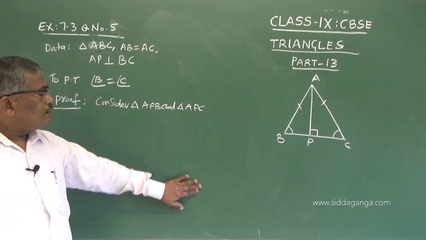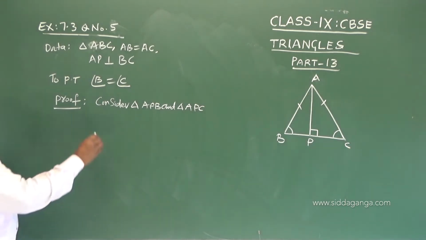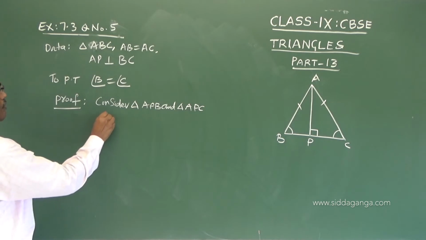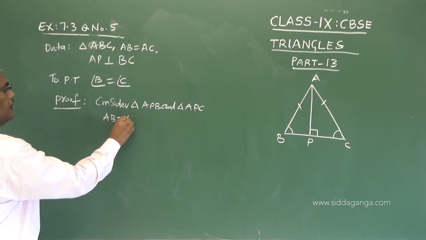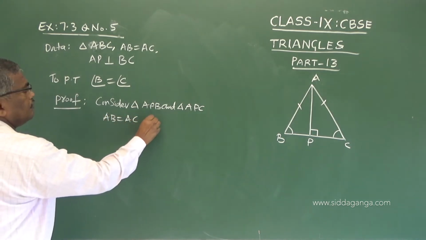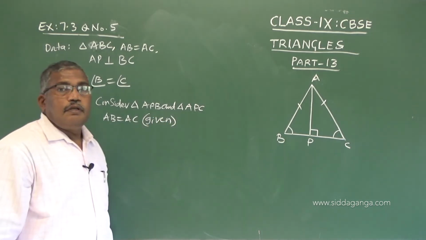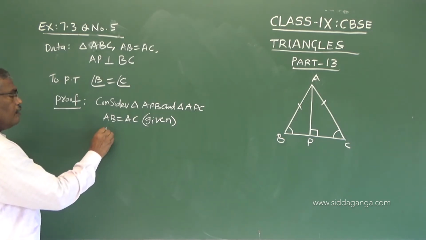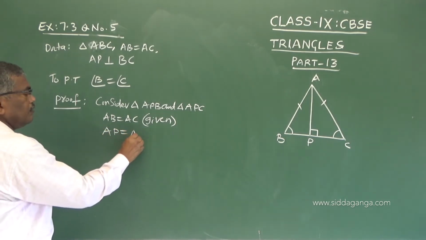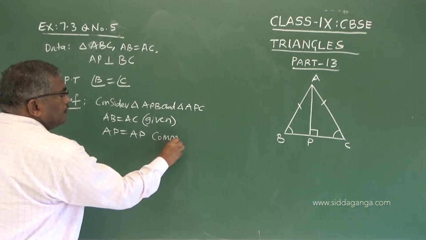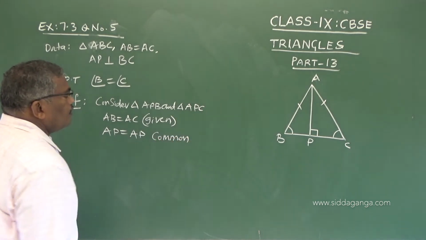So in these two triangles, AB equals AC, it is given. AP is common. AP equals AP, common.